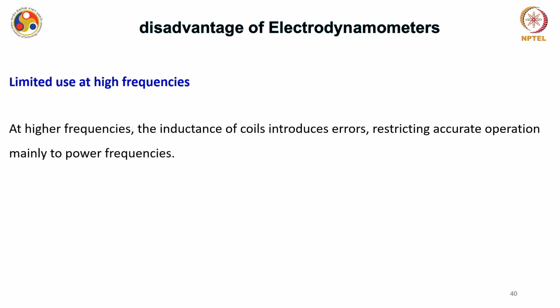So you can say that as compared to a moving iron instrument, the damping is poorer in the case of electrodynamometers. Okay. Then they have limited use at high frequencies. At higher frequencies, the inductance of the coil introduces error, restricting accurate operation, and that is why they are not very suitable for high frequency measurements.